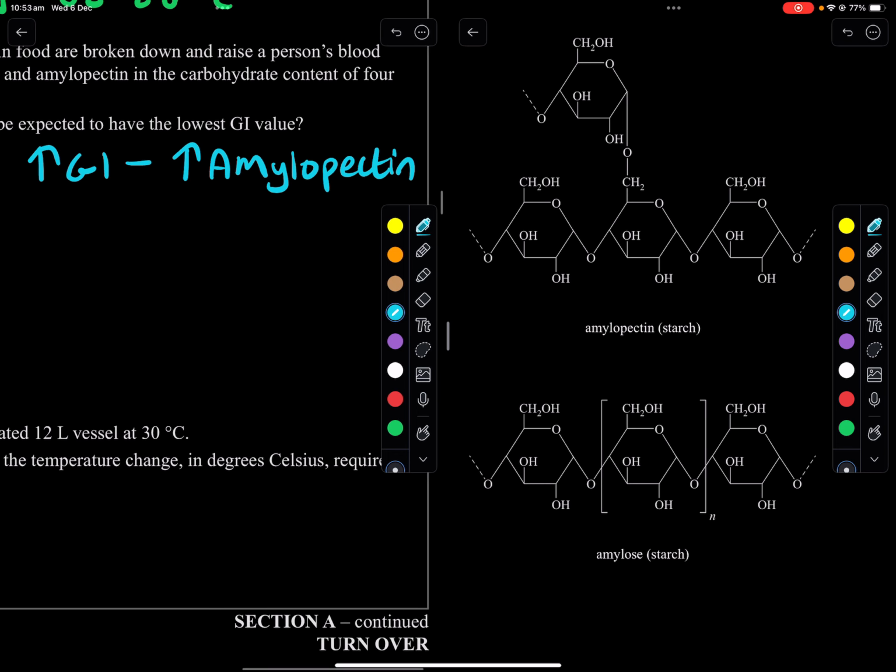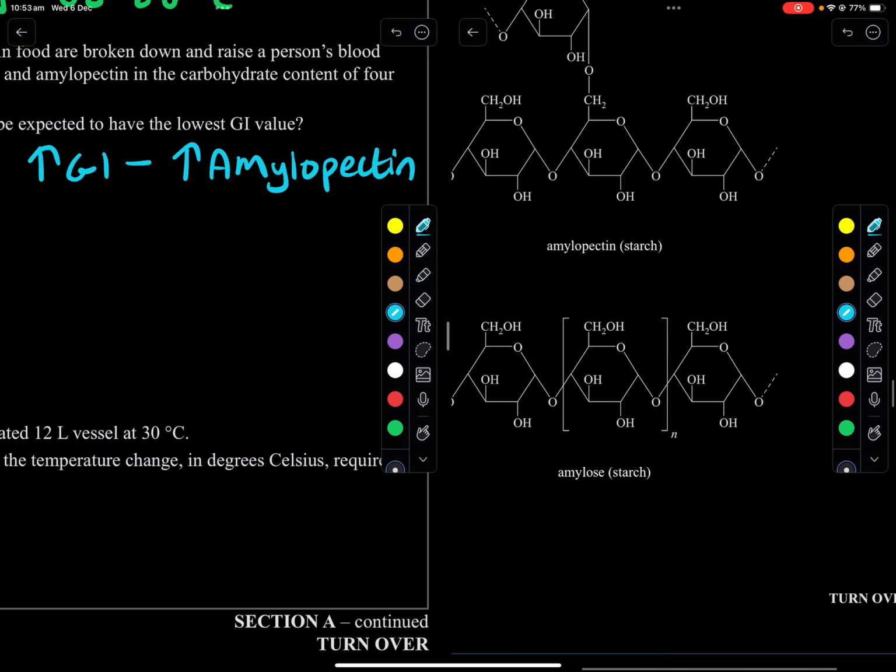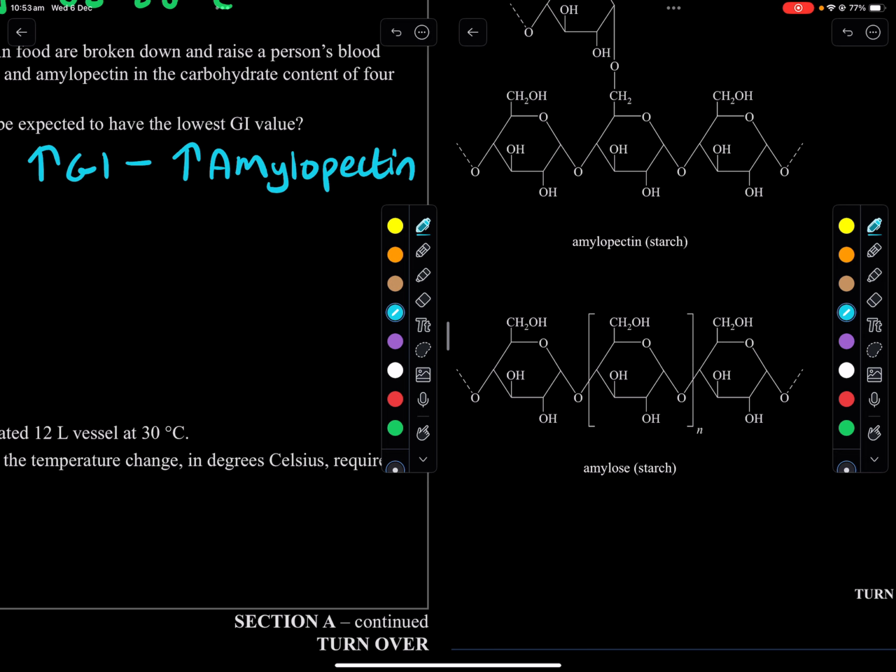Okay, and so what about the amylose? Well, amylose is much harder to break because it's kind of straight, it's linear in comparison to amylopectin. In comparison to it, amylose is much stronger.